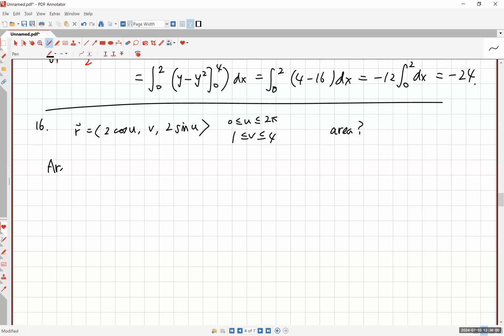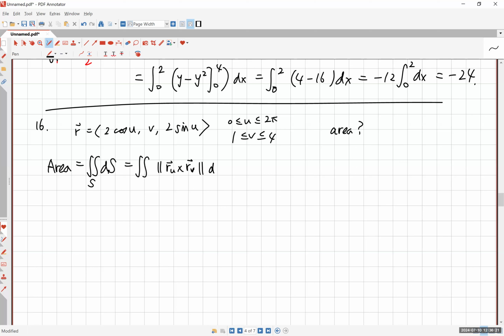Let's remember where we're going first. The area was a double integral. This is the definition of the area of any surface. But to calculate this, you actually have to find R_U cross R_V, the magnitude of it, because that is the adjusting factor that you have to have.